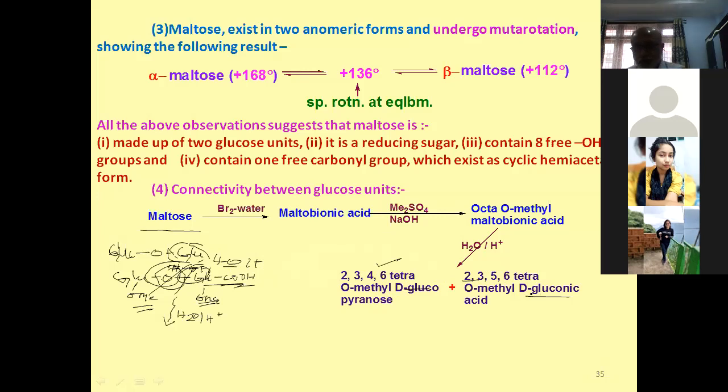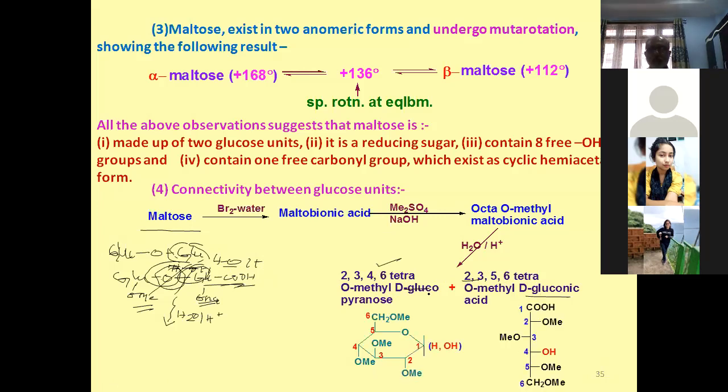Just see the structure. This is 2,3,4,6-tetra-O-methyl D-glucopyranose. That means we find this OH group has appeared here. Because it is C1, it can be either alpha or beta, so we are not specifying it.